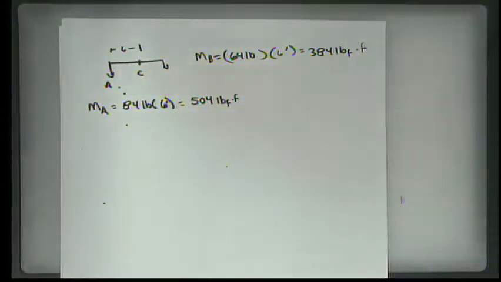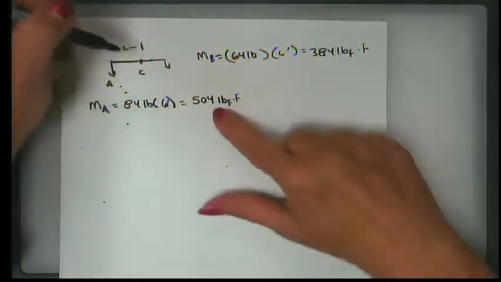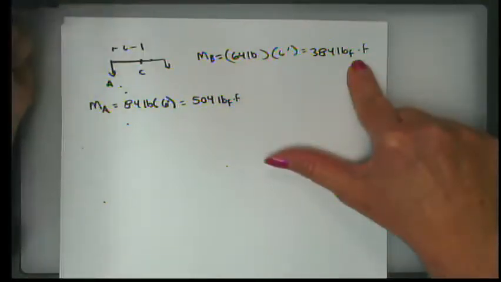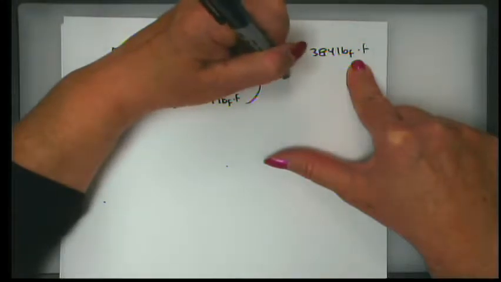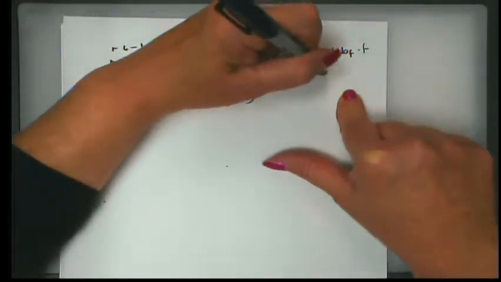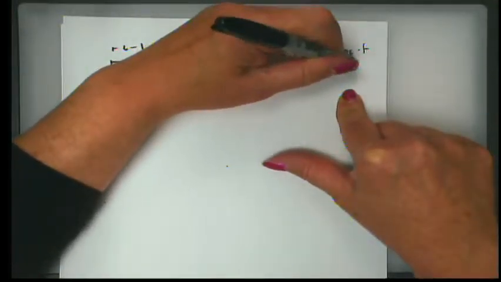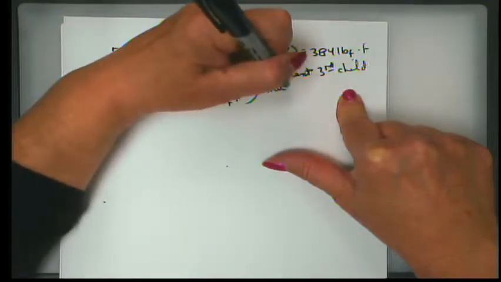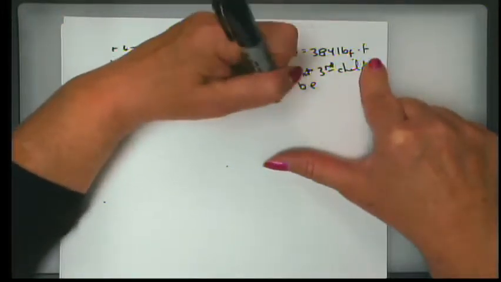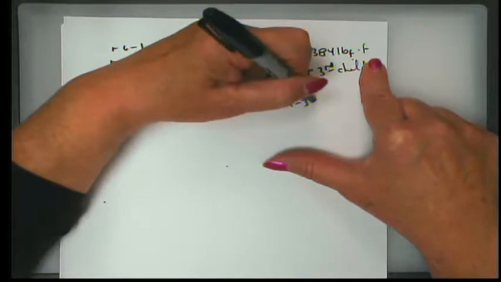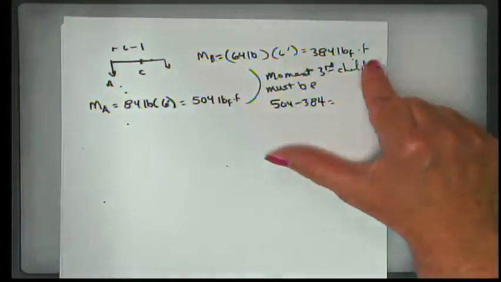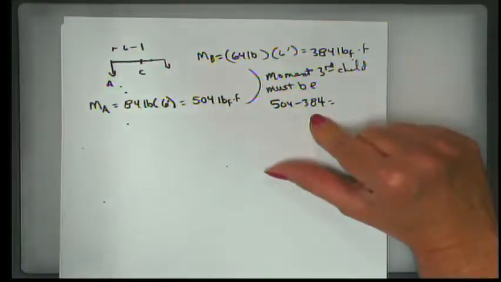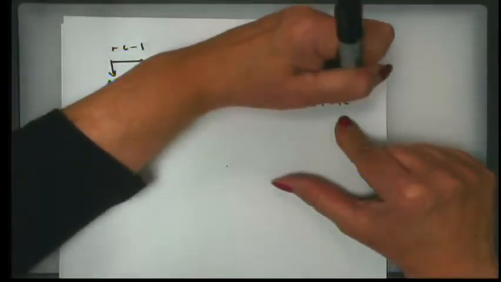All right, so what we want to do is get a moment that's the difference between these two by the other kid. So the moment for the third child must be 504 minus 384, which equals 120 foot-pounds.